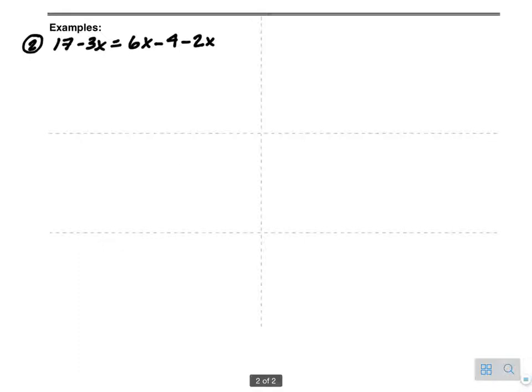Now again, my first idea that I'm working with is to simplify each side if possible. So I'm going to look over here and say, I can't simplify that. And over here I think I can combine some terms on this side. So we're going to notice that we can combine the 6x and the negative 2x together.